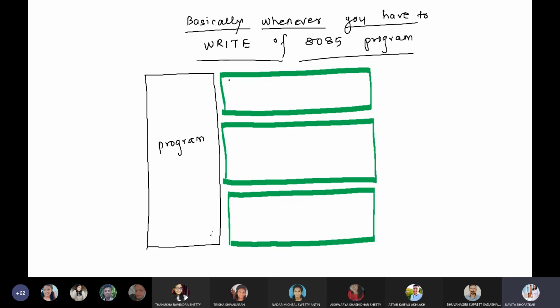So, part 1 of the program to be written will be retrieving the inputs from input locations.